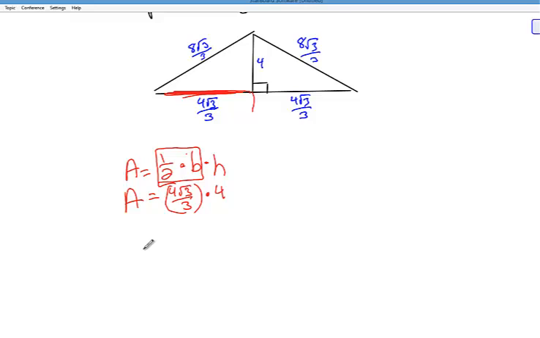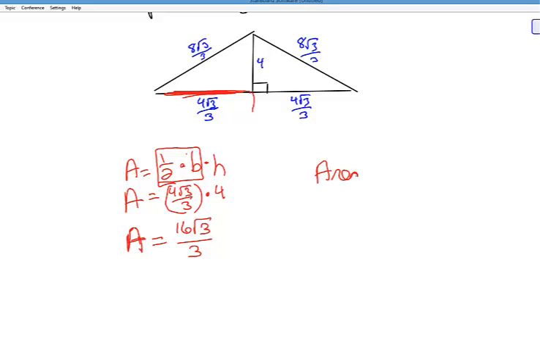So if I multiply that together, I get 16 times the square root of 3 divided by 3. This is the area for one end of our tent.